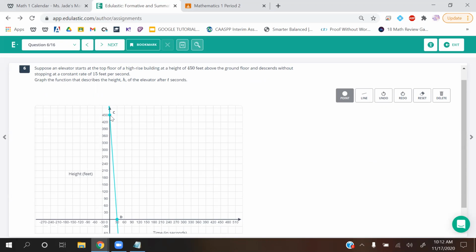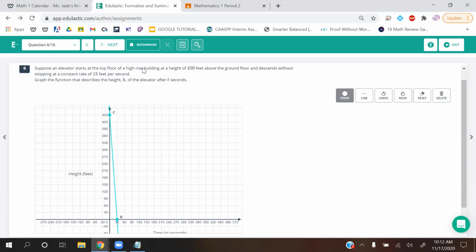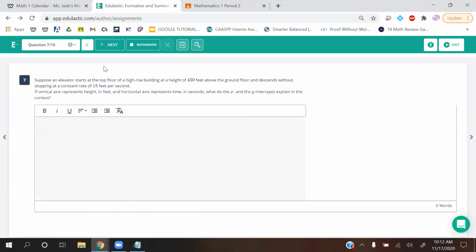For the height of 450, that's where we started, right? Our elevator starts at a height of 450 feet. That's why we have a y-intercept at 450 feet. So I'm going to type that.